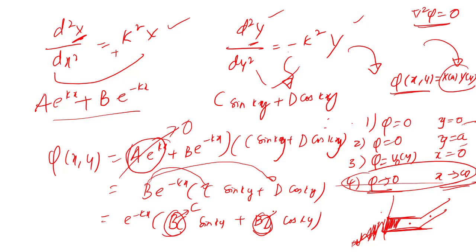You can think of it as c star, d star if you want. So we then have the solution phi of x, y equal to e to the power minus kx, some c star sine ky plus d star cosine ky.